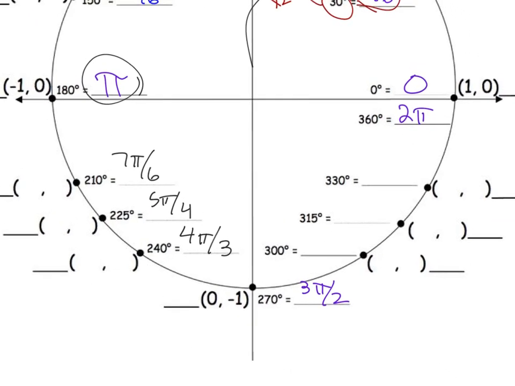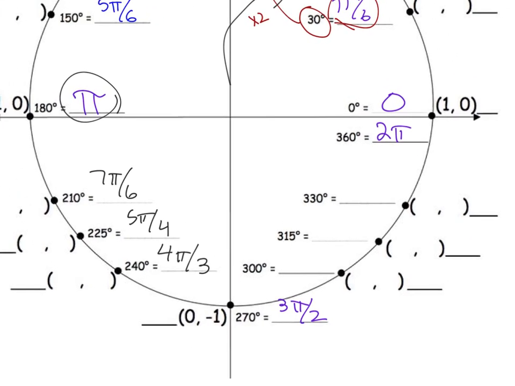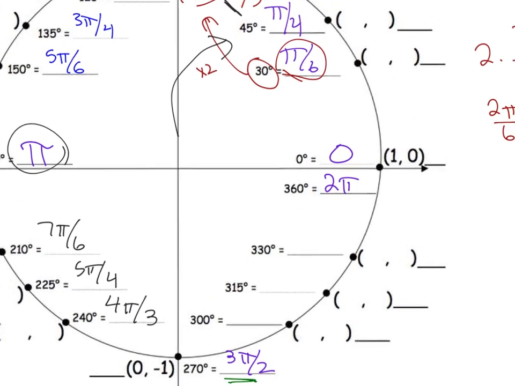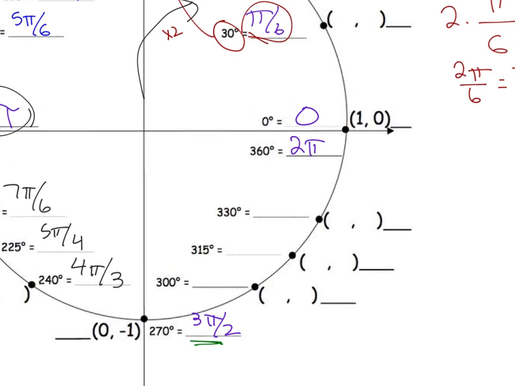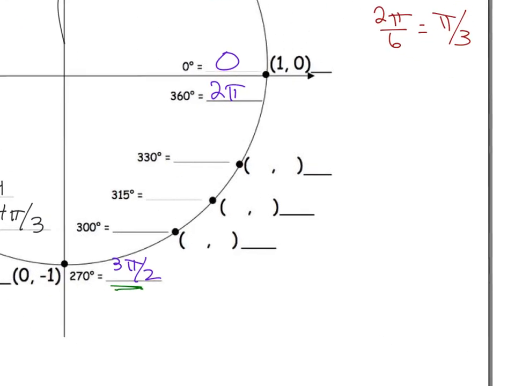Then, for my final quadrant, I'm going to take 3 pi over 2 and keep adding that. If you're not comfortable with that yet, that's fine. I can keep going with that conversion idea.